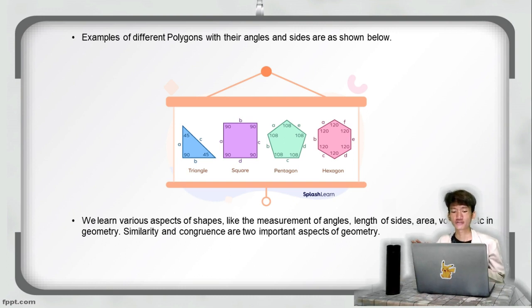And the sum of the three angles of the triangle is 180 degrees. Then the square. As you can see, in the four sides, each angle is 90 degrees. And the sum of the four interior angles is 360 degrees. And then pentagon and hexagon.